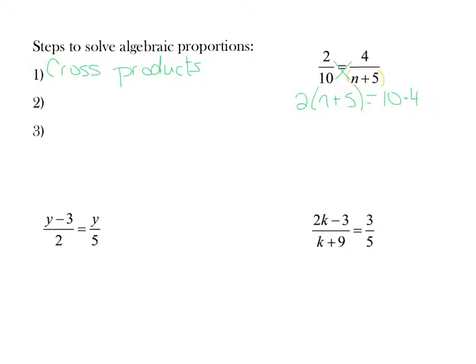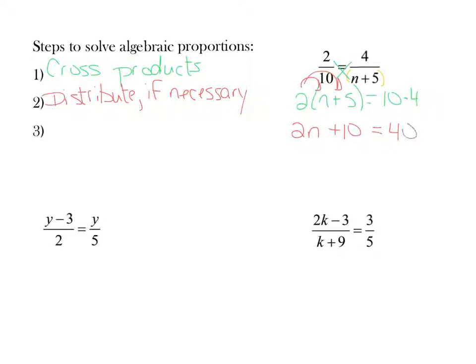Step 2 is to distribute if necessary. A lot of times with an algebraic proportion, you will end up with this distributive property. So we're going to say 2 times n, that's 2n, 2 times 5 is 10. Then the other side, 10 times 4 is 40.